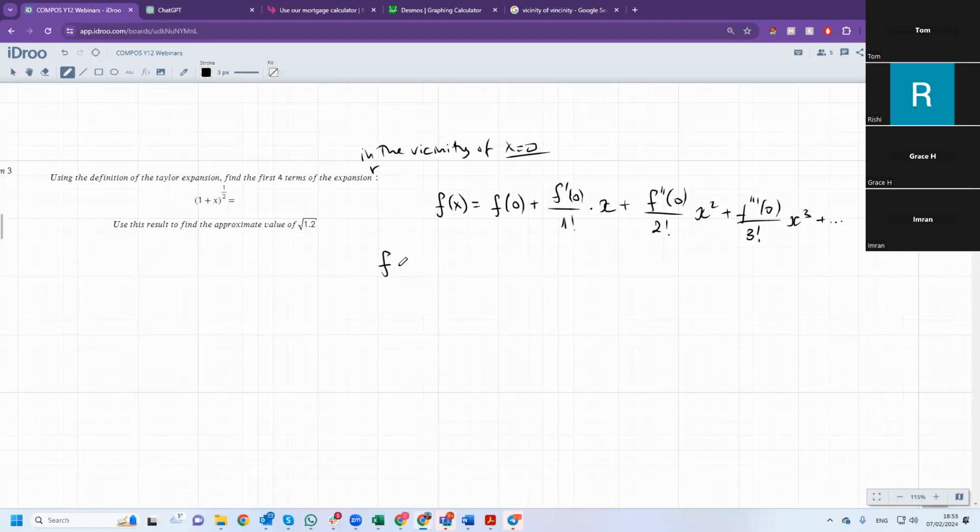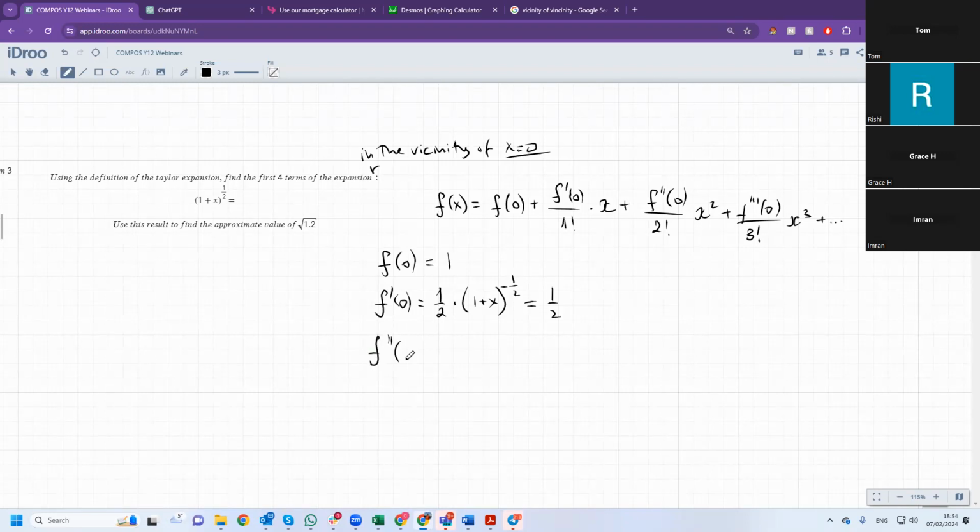So we have f of 0. We need these values. So f of 0 is going to be 1. F prime of 0, we differentiate, so it's going to be 1/2 multiplied by 1 plus x to the power minus 1/2. Which is 1/2 when x is 0.